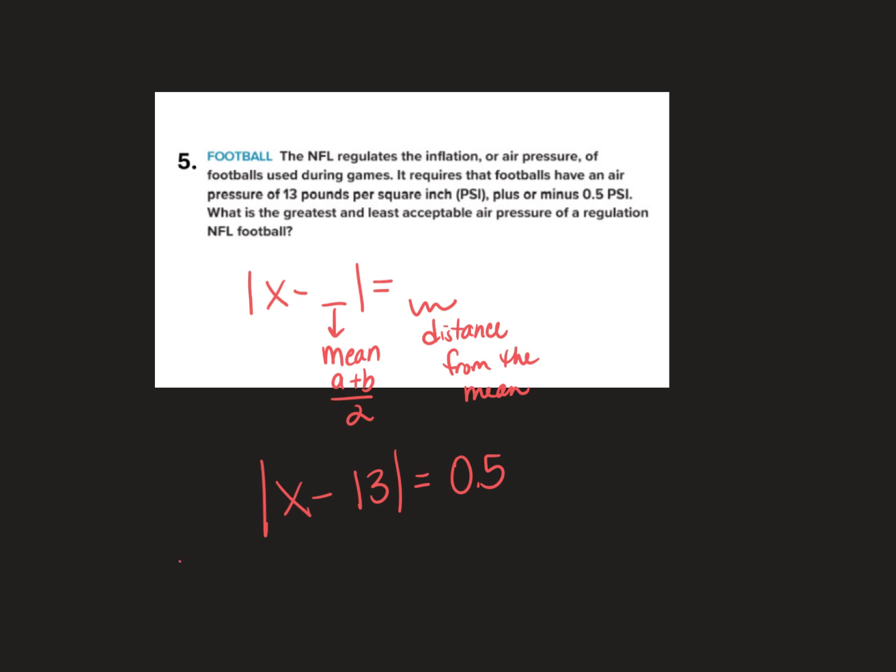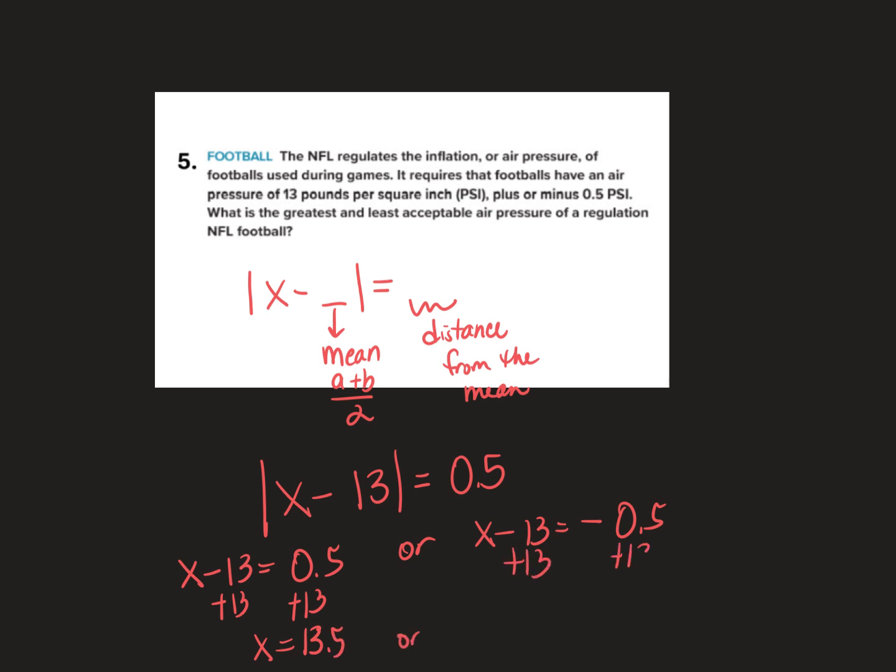And then they want us to write the two equations, x minus 13 equals 0.5, or x minus 13 equals negative 0.5. I'll add 13. So x will equal 13.5, or add 13, x will equal 12.5.